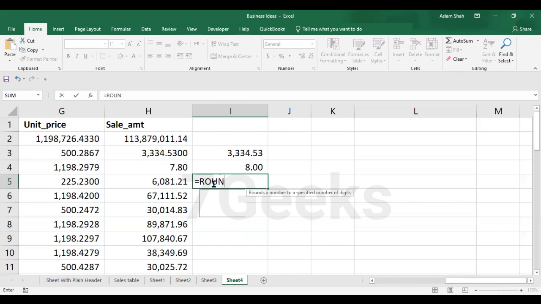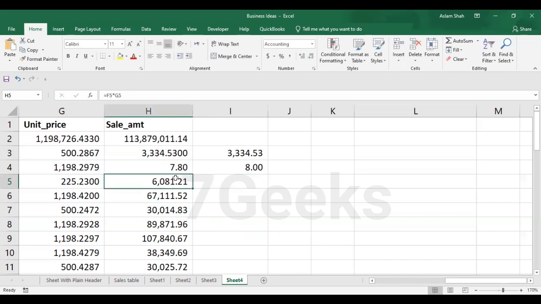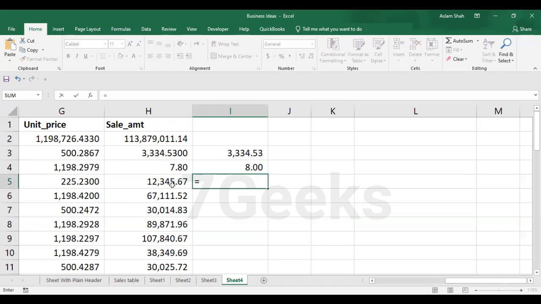Let me first put a data here, which is, for example, 12345.67 and round this value to -3. So let me check how it rounds this value.